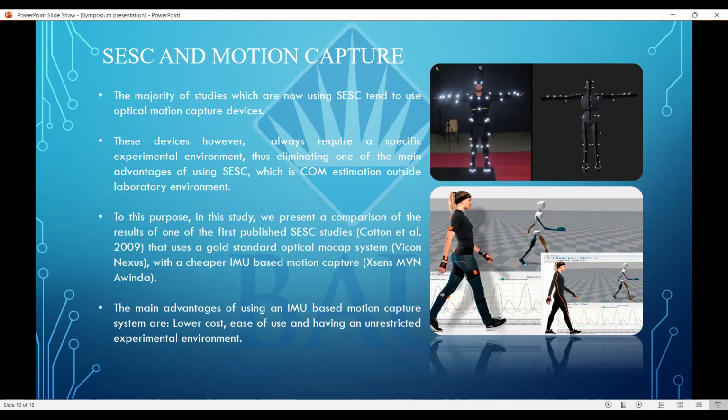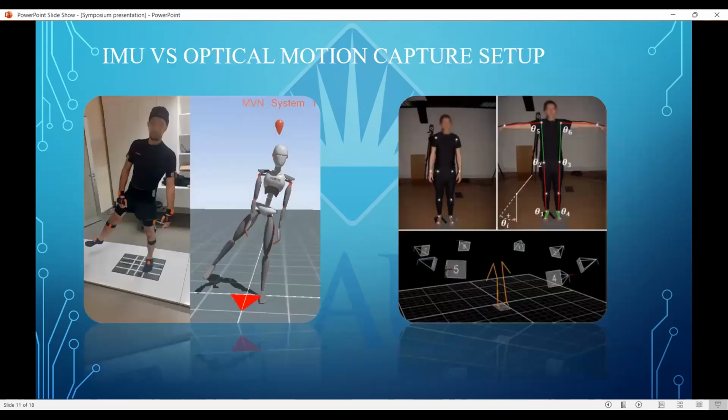The main advantages of using an IMU-based motion capture system are, of course, the low cost, the ease of use, and having an unrestricted experimental environment. Here you can see the difference between the setup of IMU versus optical. It is clear that the optical has some restrictions, while the IMU has total freedom of movement.